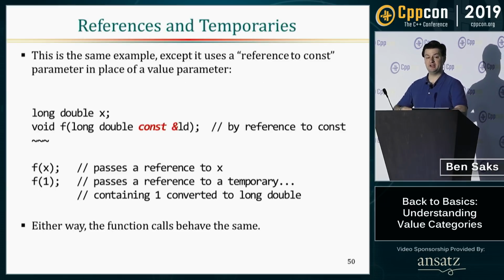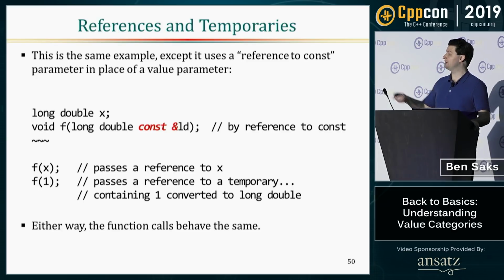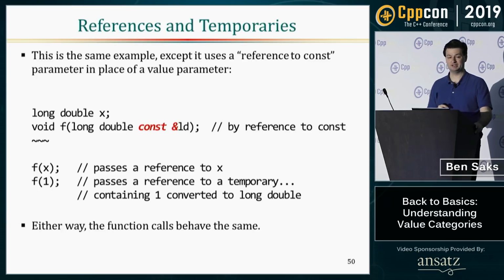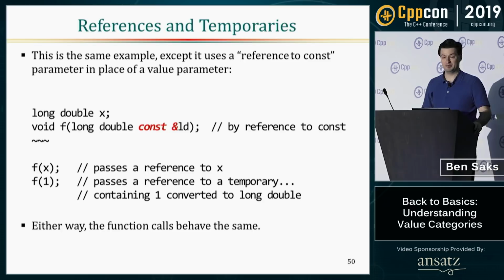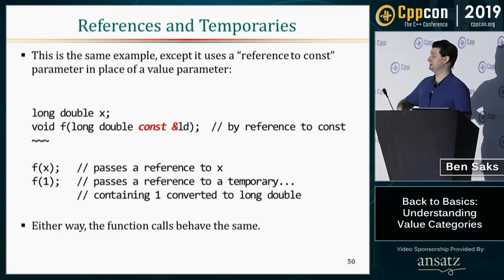So in order to make reference to const work the same way, it's important that I be able to pass not just a long double to a function that expects to take a reference to a constant long double, but also something like an integer. In this case, an integer that is an rvalue, in which case we create this temporary object and bind the reference to that.